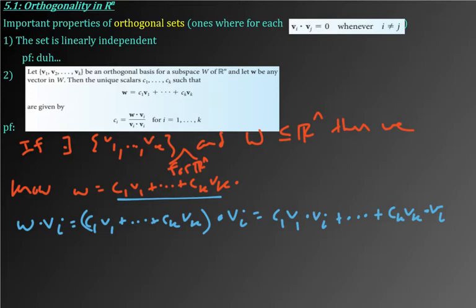We know that since this is an orthogonal basis, the dot product goes to 0 whenever the subscripts are not equal. So this one goes to 0 and this one goes to 0.